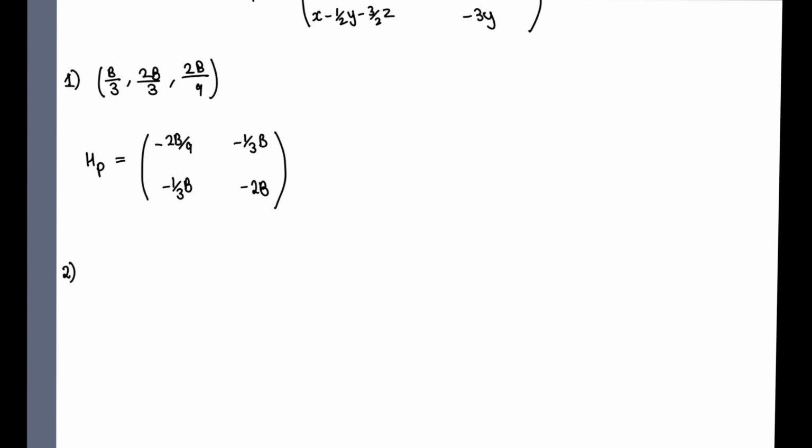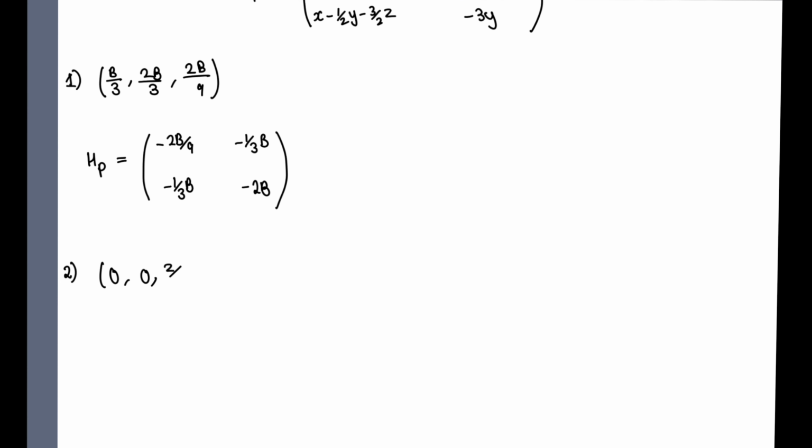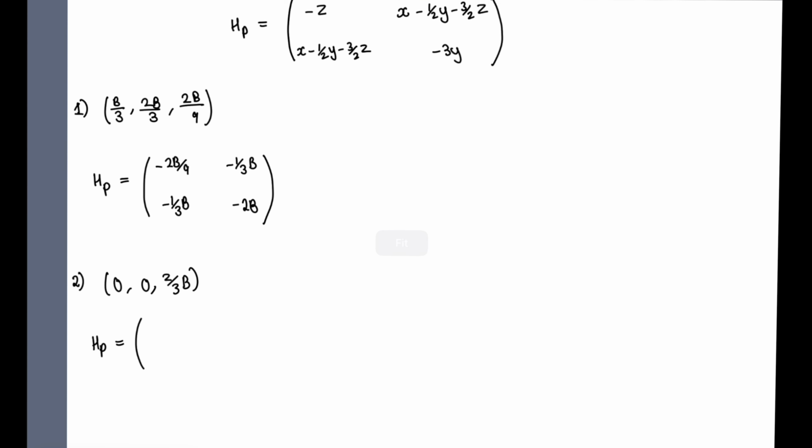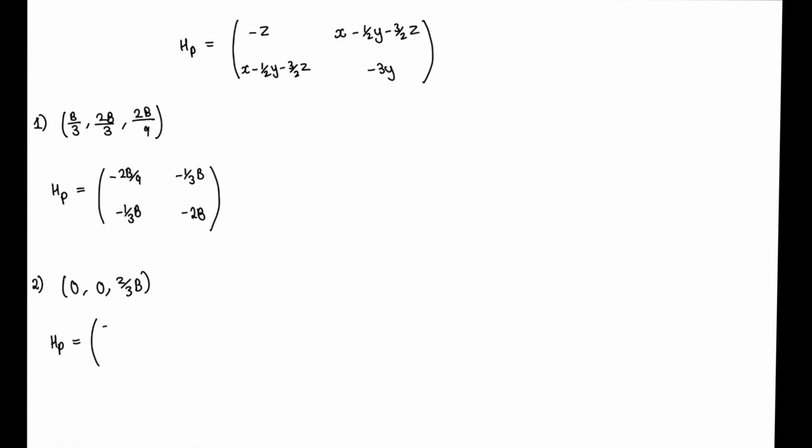If we now look at our second solution, which was 0, 0, 2 over 3b, we get minus 2 over 3b, minus b, minus b, 0. Our third solution was b, 0, 0.